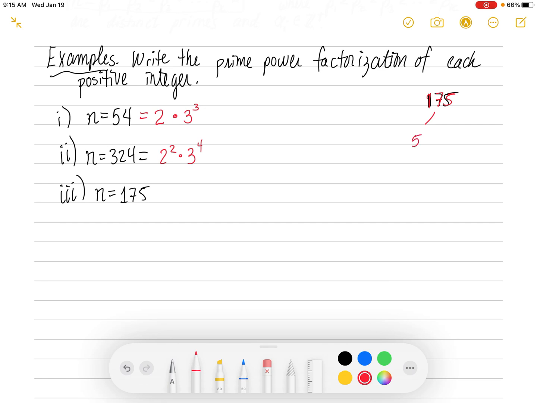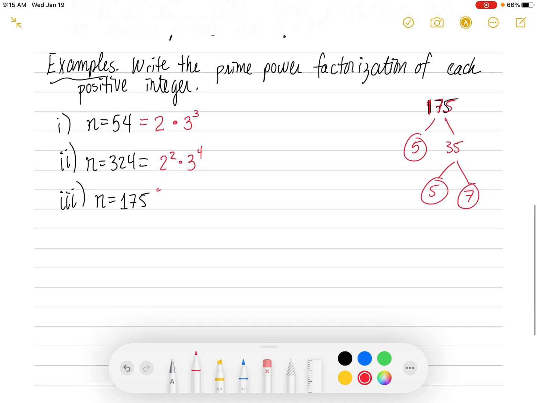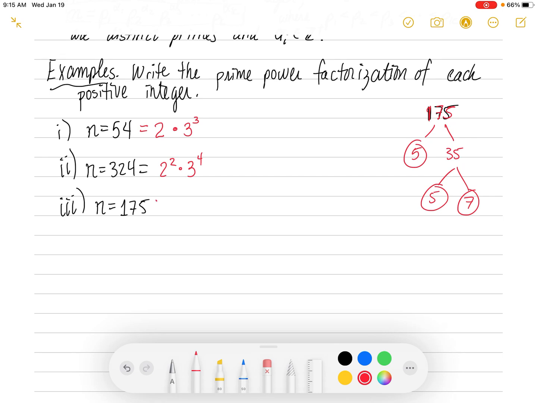When I divide 175 by 5, I get 35. So 5 is prime, and 35 breaks up into 5 times 7. So for my prime factorization, I'm going to have 5 squared times 7, right? You have 2 copies of 5 and 1 copy of 7. So here my p1 is actually 5, my alpha 1 is 2, and my p2 is 7, and my alpha 2 is 1.